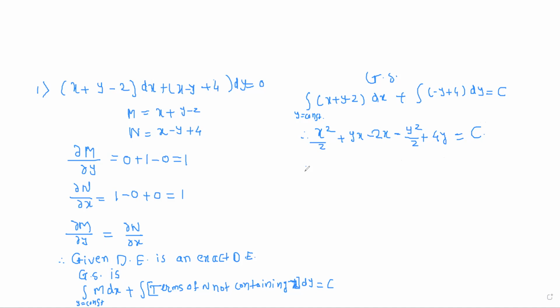If you are simplifying further, it will be x square plus 2xy minus 4x minus y square plus 8y is equal to 2c, when I multiply each term by 2. 2c is nothing but some other constant c1. So in this way, we have to solve the differential equation, which is an exact differential equation. Now let's move to the next example.